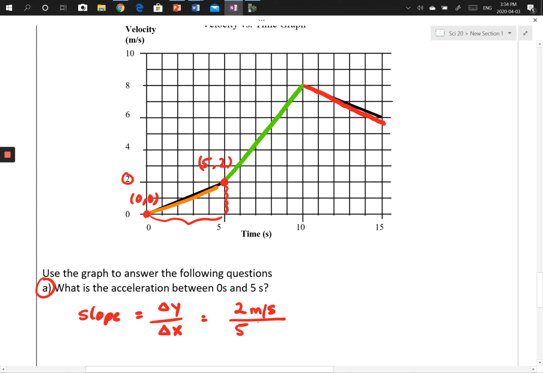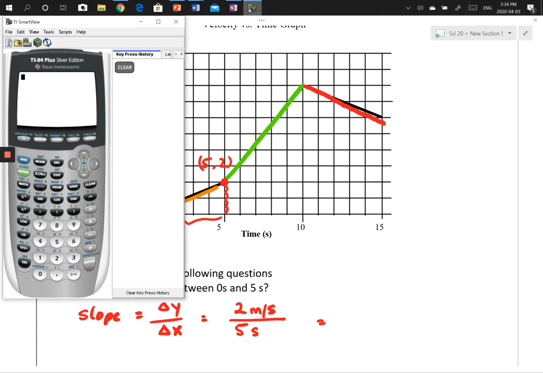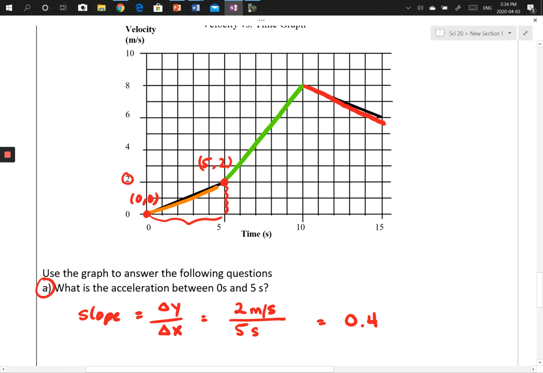So if I take 2 divided by 5, that's going to give me my acceleration. I'm just going to go 2 divided by 5 on the calculator, and that's going to give me 0.4 meters per second squared. Okay, and it looks like that.